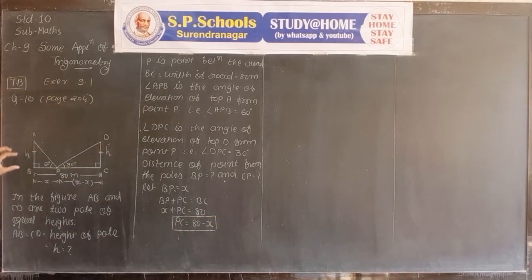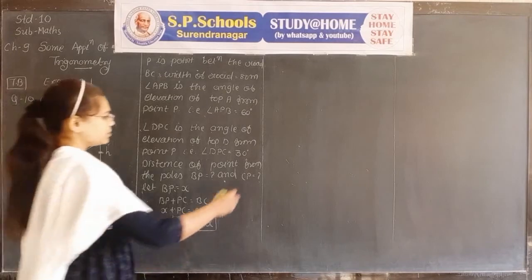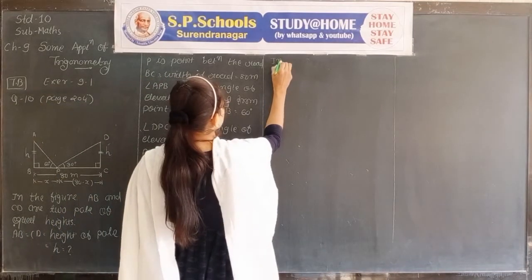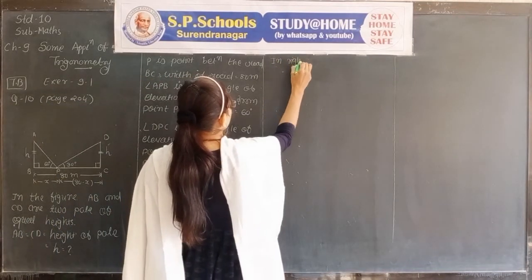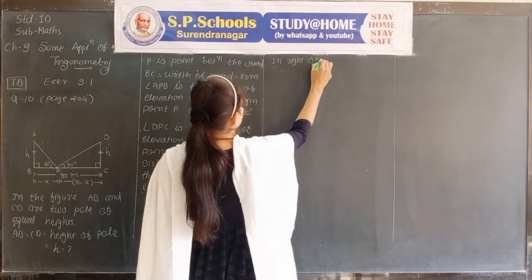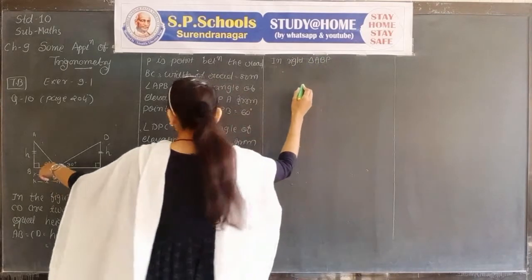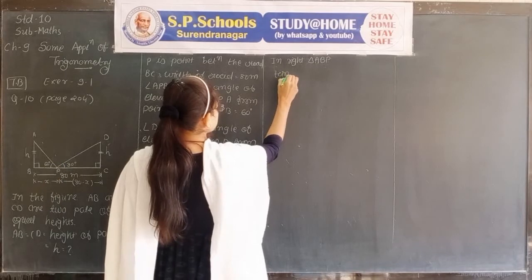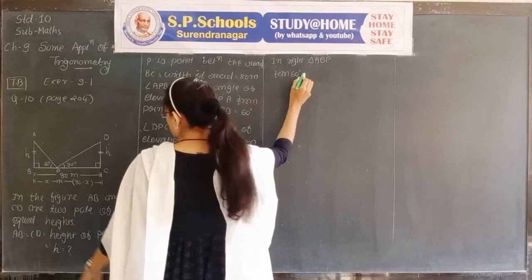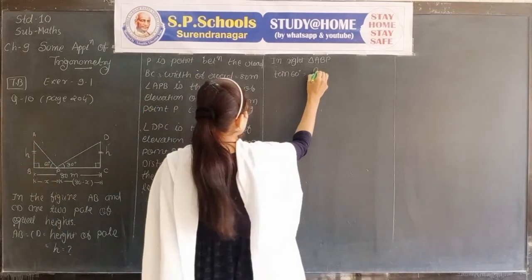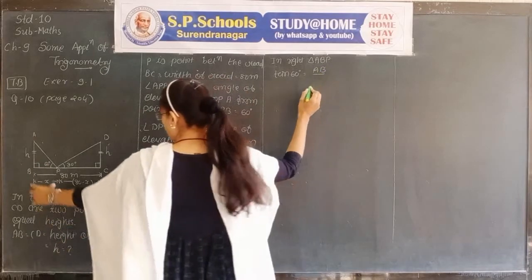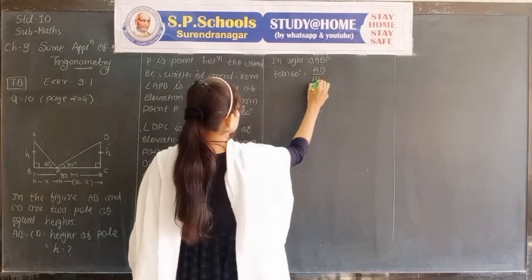First of all, use right triangle ABP. In right triangle ABP, tan 60 is equal to its opposite AB upon adjacent BP.